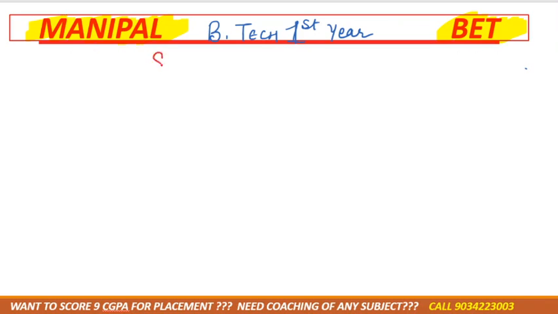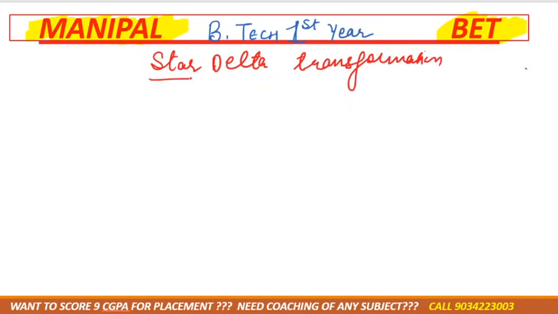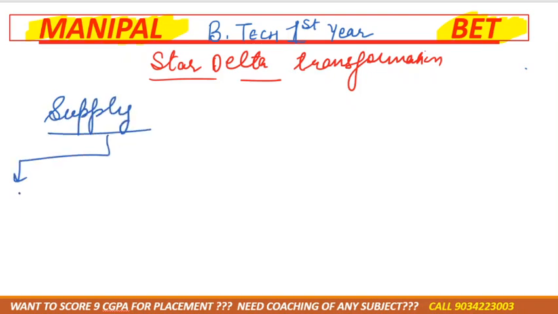Next is star delta transformation. Do you know what basically a star delta is? This you will study in detail in your module 3 also. Star delta topology. Basically, we'll have two types of supply. One is the single phase supply and another one is the three phase supply.